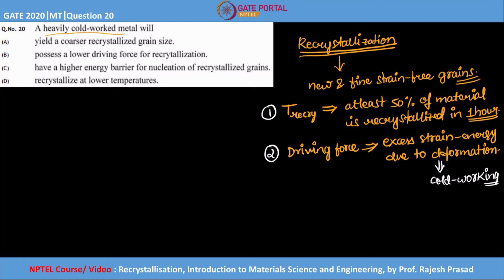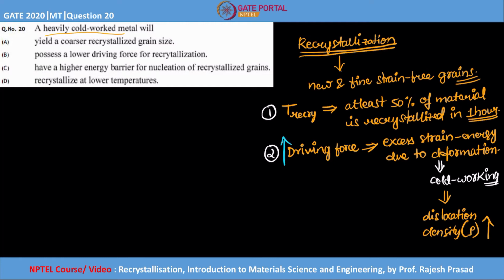So the recrystallization temperature we understood, and the driving force we also understood. What happens during deformation is simple. On deformation, the dislocation density, represented by rho, increases, and as the dislocation density increases, the strain energy increases. Because of that, the driving force also increases.